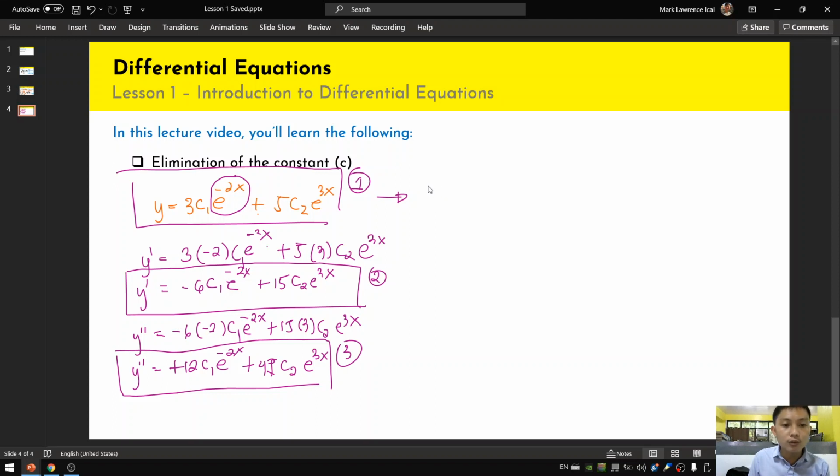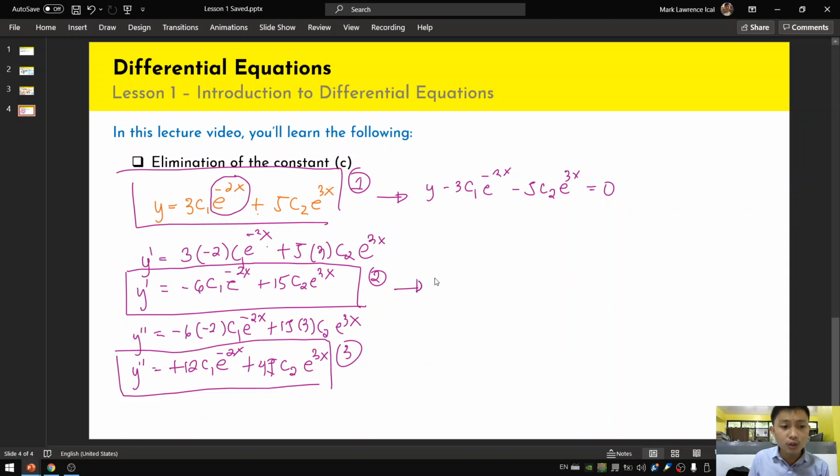So you have y minus 3 c1 e negative 2x minus 5 c2 e raised to 3x is equal to 0.